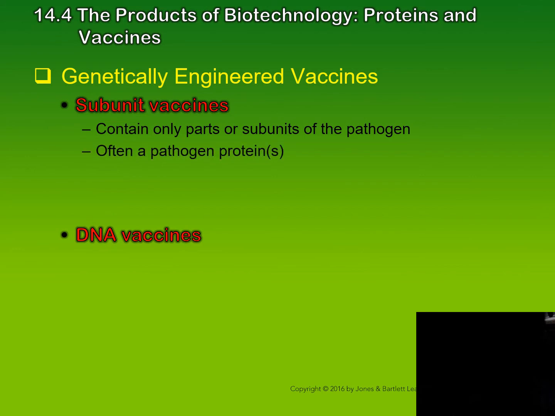These are in general pathogen proteins, and like I said, it's impossible to get the disease from these synthetic genetically engineered vaccines because the whole organism isn't even there. Only part of the organism is there.